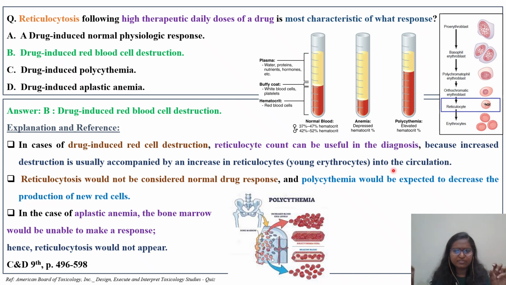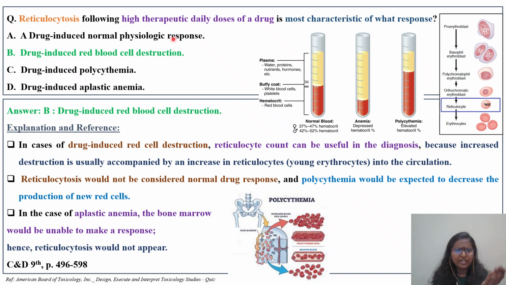So in the blood flow you can find an increase in these reticulocytes, young erythrocytes, which can be considered a diagnostic tool to identify certain disease conditions. That is the question they are asking, and that is the answer.